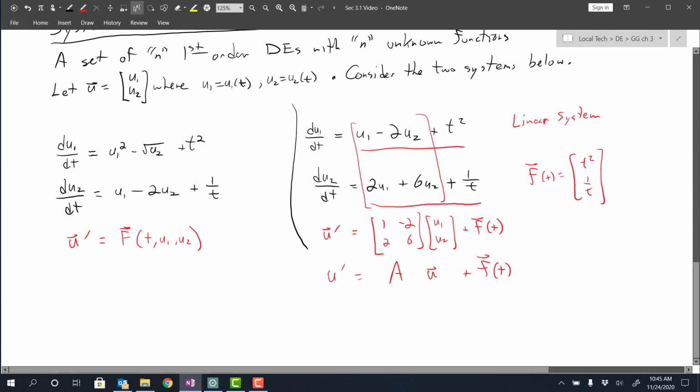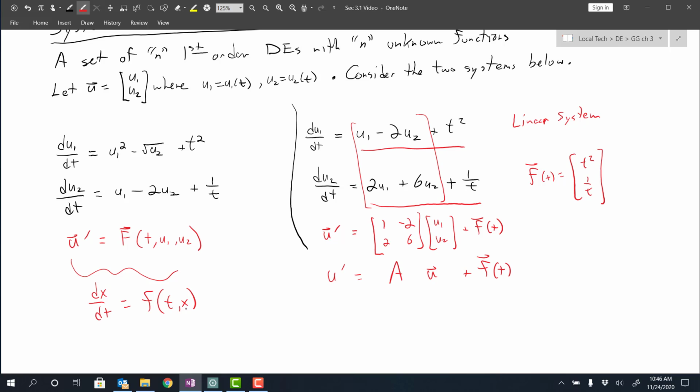This will really allow us to leverage what we already know about first-order differential equations and relate that to first-order systems. For instance, this expression looks pretty similar to the general expression for a first-order differential equation, where this would just be f of t and x in general. We'll use that same notation to talk about existence and uniqueness and the general theory of first-order systems, which will be very similar to the general theory of first-order differential equations.